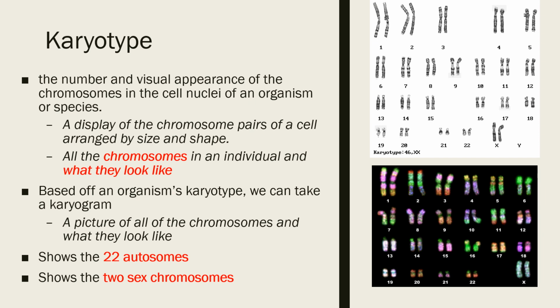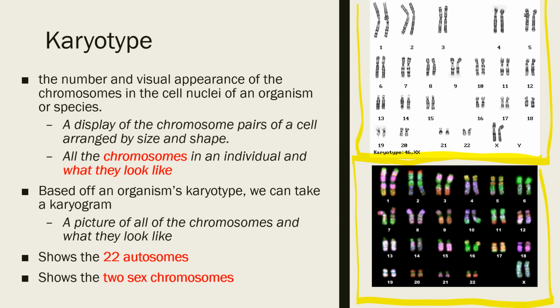A karyotype looks like the picture that I have on the right. At the top right, we have your standard karyotype. You will mostly see black and white pictures of karyotypes or of an organism's chromosomes. But every once in a while, we'll get a karyotype that looks like the bottom right, which is in color.